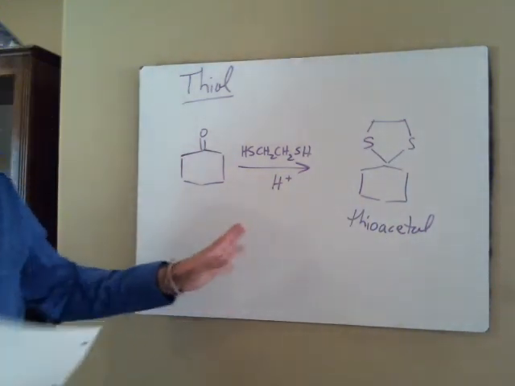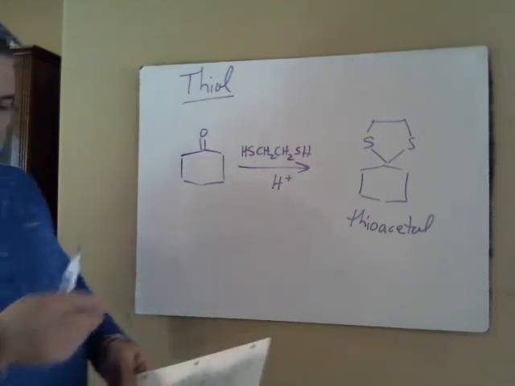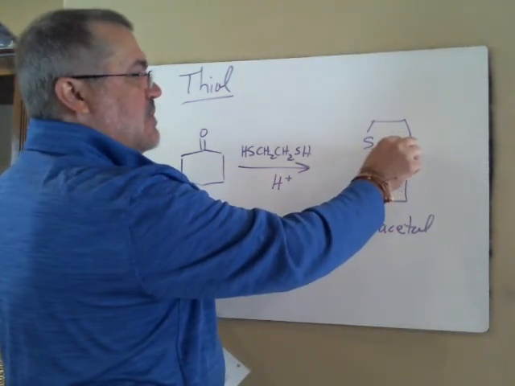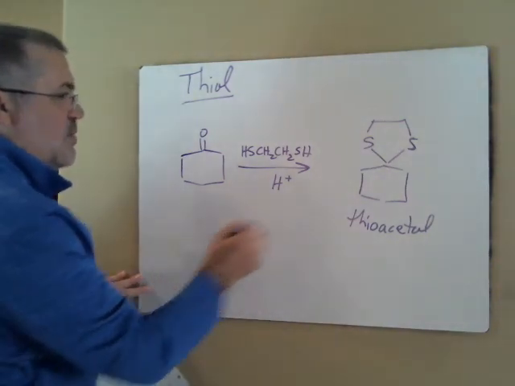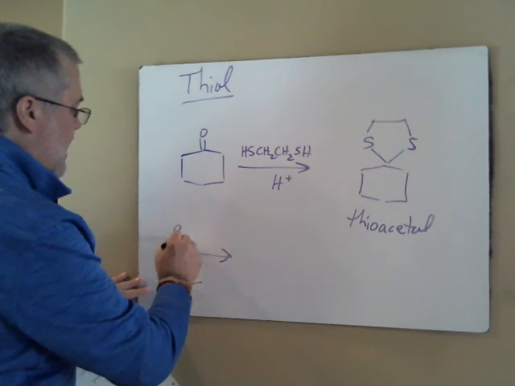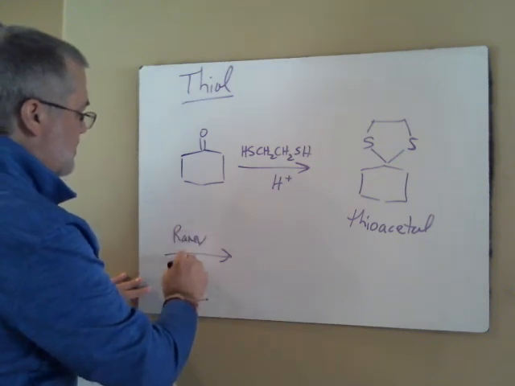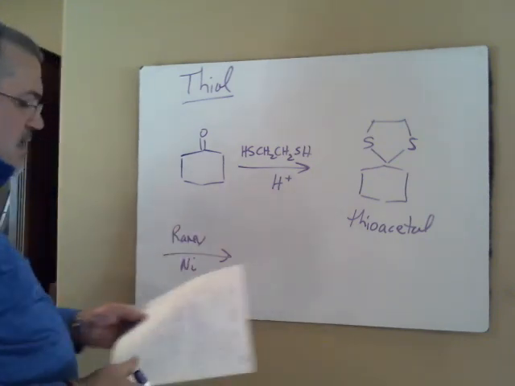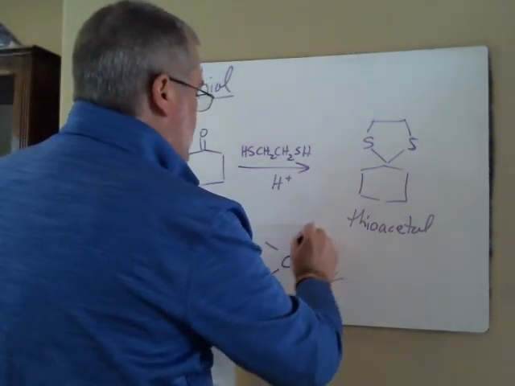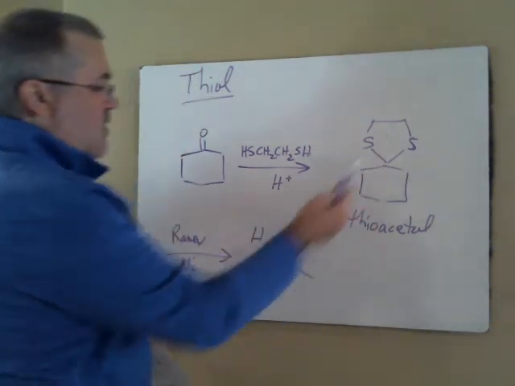Now, the reason I show you this is there is a reaction that used to be done on these thioacetals, where you would then react them with Raney nickel, which has synthetic utility. And Raney nickel would then basically reduce.